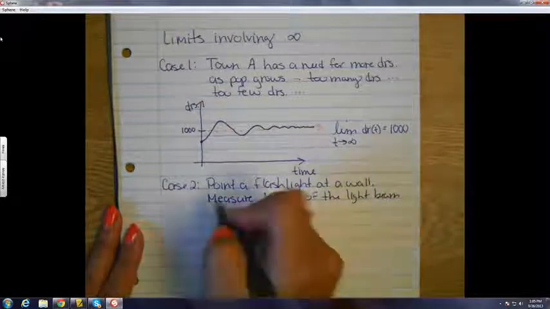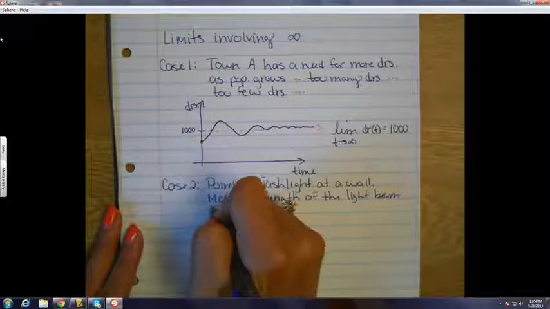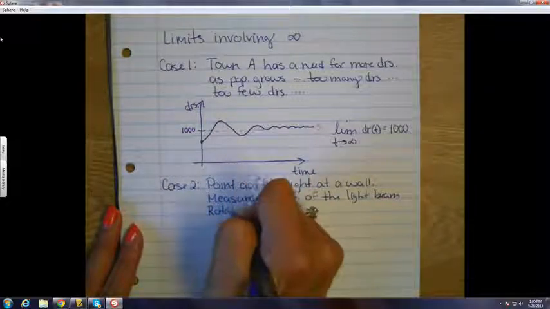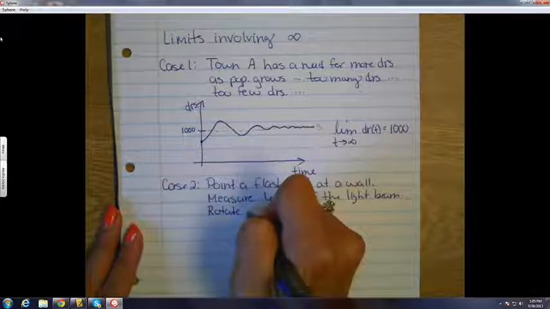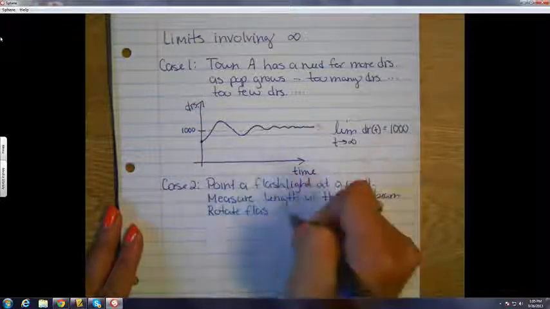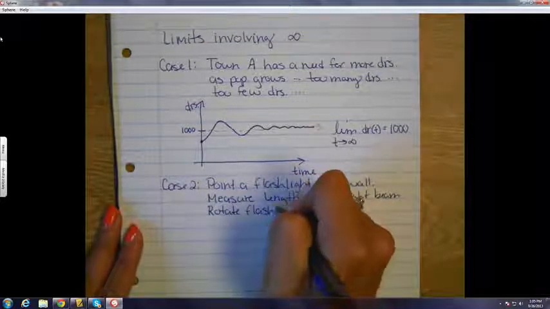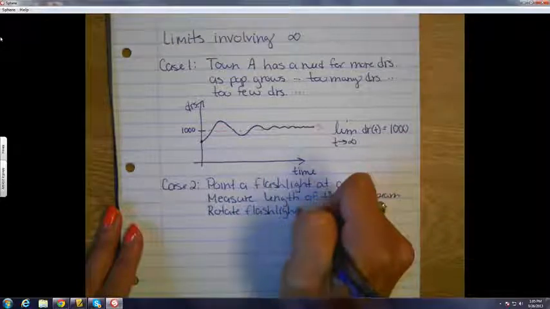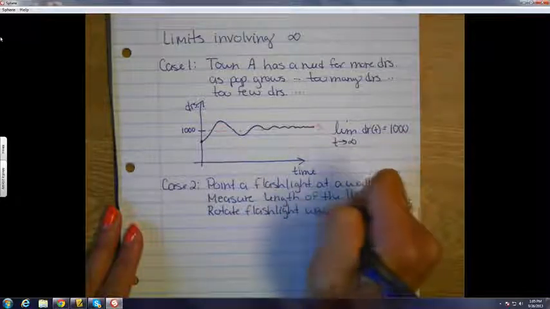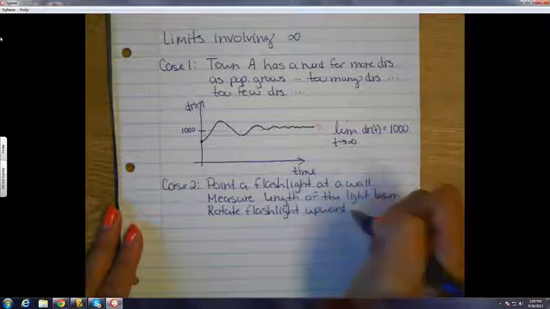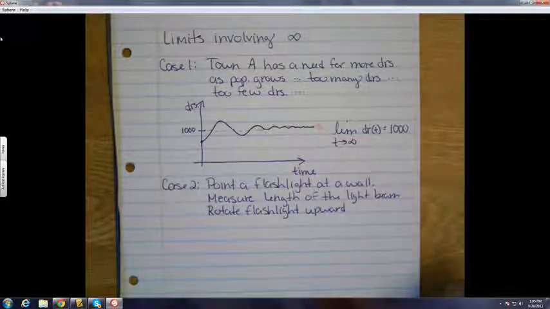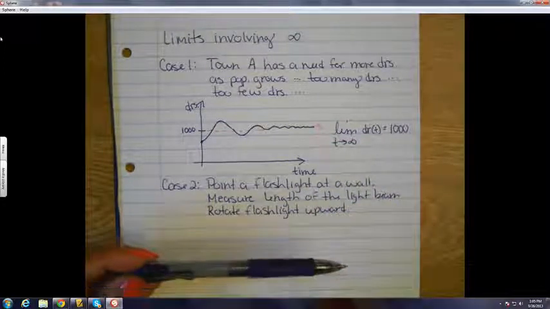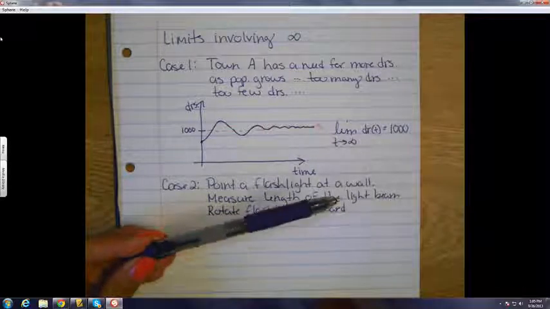Then you're going to rotate your hand upward, which in turn rotates the flashlight upward. And we're going to look at, as I change the angle of the flashlight, what happens to the length of the beam of light.